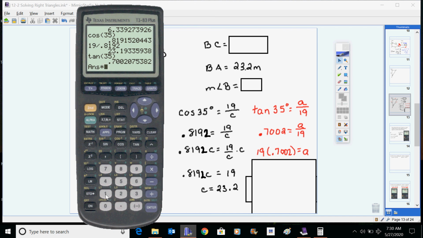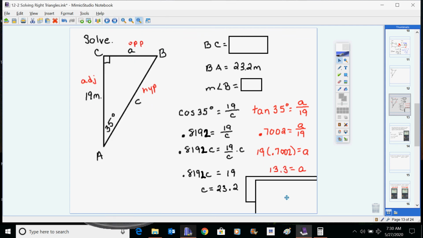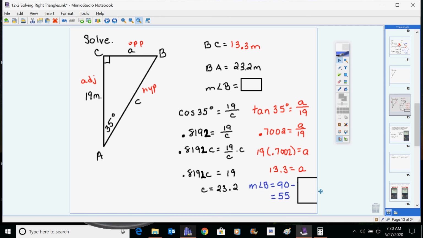Answer times 19, so 13.3. So we have 13.3 for this one. And then finally, your missing angle, you need to just take 90 minus 35. And 90 minus 35 is 55. And you've got your final answer, 55 degrees, and you found your missing parts.